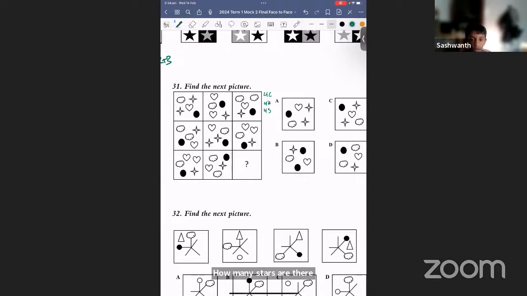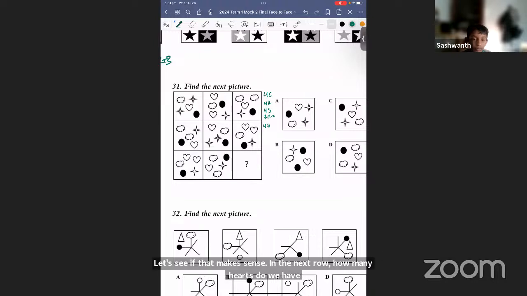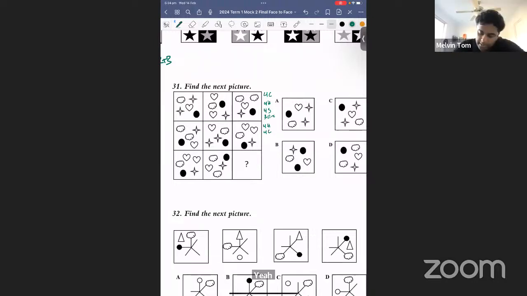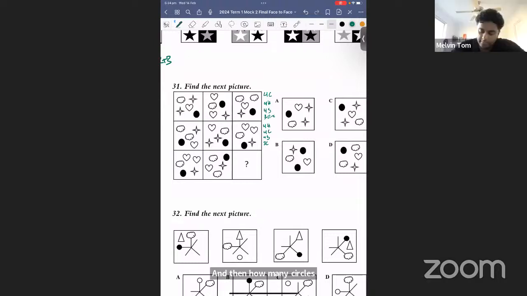And how many circles are there? 3. Good. In the next row, how many hearts do we have? 4. How many clouds? 4. How many stars? 4. And how many circles? 3. Good.